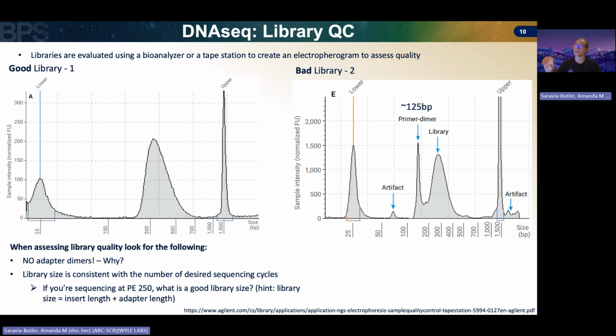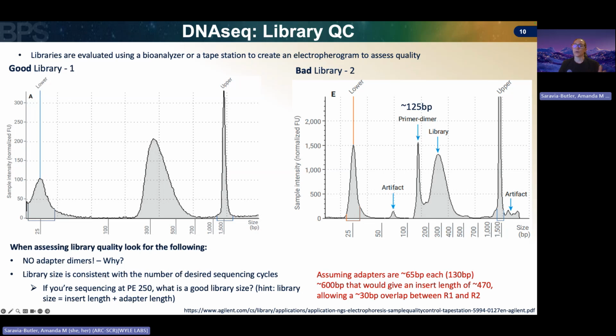And so when you're looking at the size of your library, it should be the size of your insert or template DNA that you want to sequence, plus the size of your two adapters. If you're sequencing at paired end 250, a good library size is going to be around 600 base pairs. This is assuming that adapters are about 65 base pairs each, so 130 base pairs total, right? Because you have an adapter on each side.